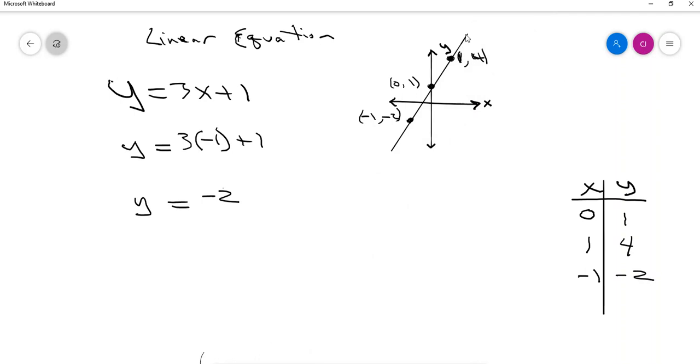All right. So this line goes on and on too. Also, I got the arrows here. Now, it's a straight line, right? Straight line. And that's kind of what we're shooting for here.